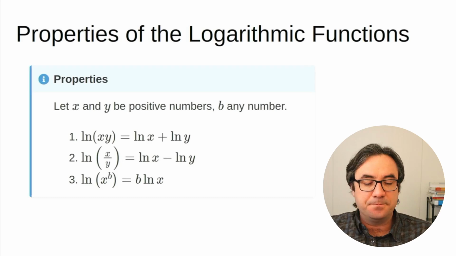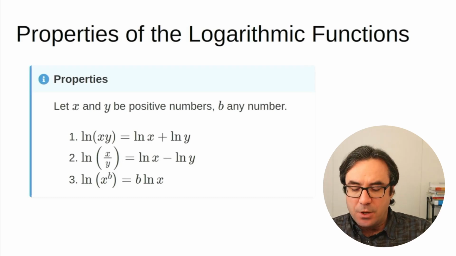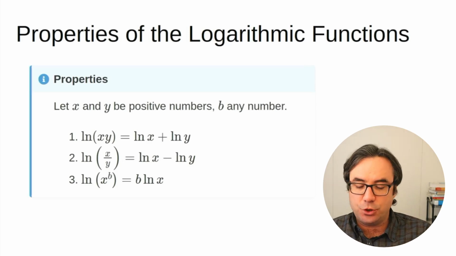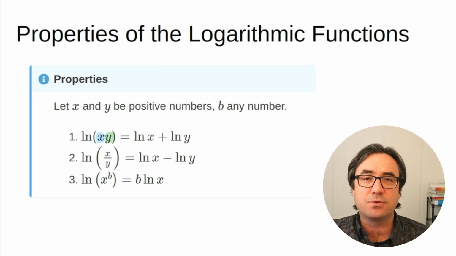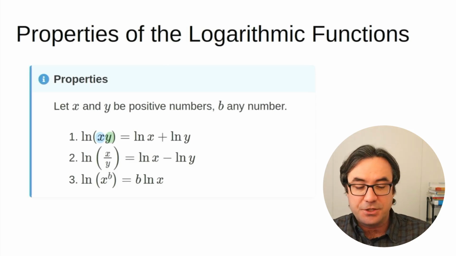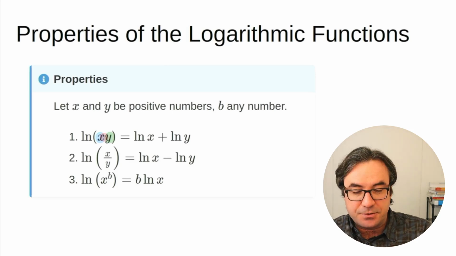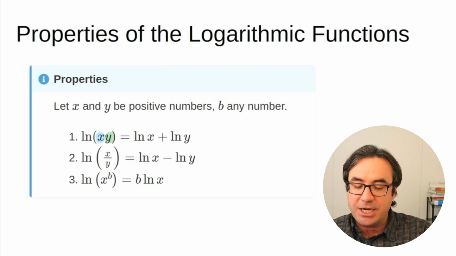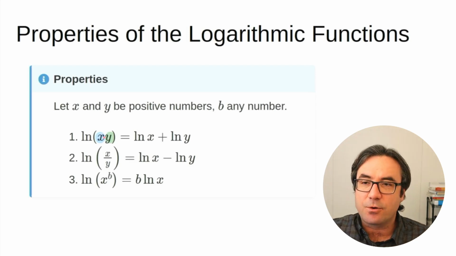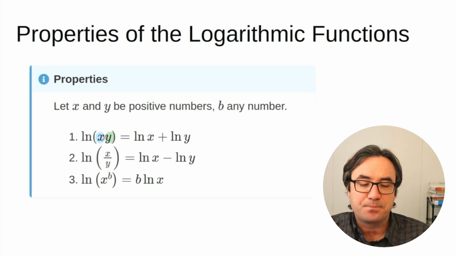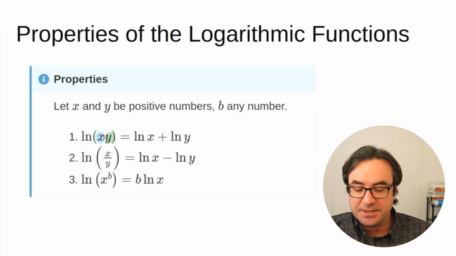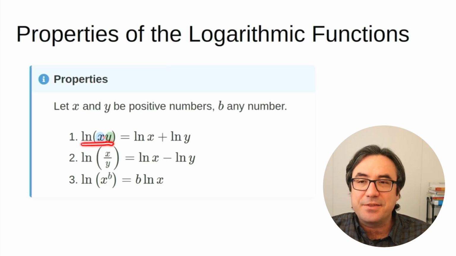The first one tells us what we can do when we have multiplication of two terms inside of a log function. So here we have natural log of x times y. So it's not explicitly written, but there's a multiplication symbol hidden right there in the middle. What this property tells us is that we can break this single natural log term up into two separate log terms.